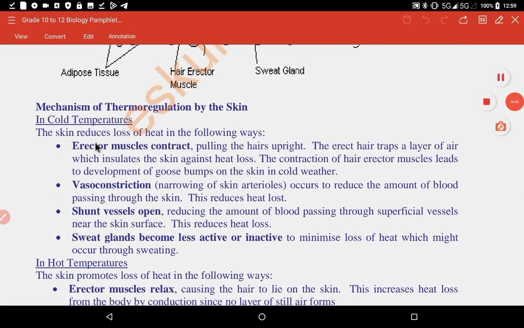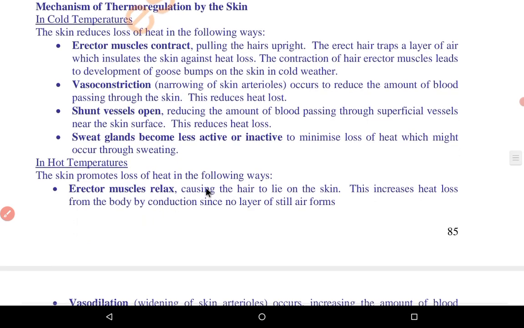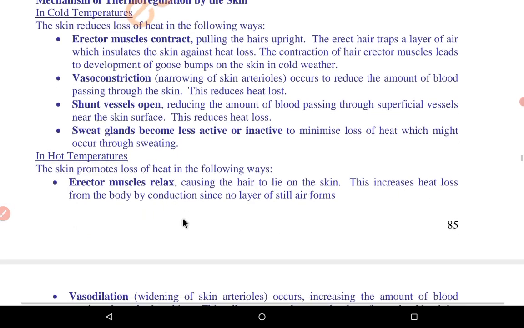So your hair was like this, it will just go down like this. The erector muscle is contracted here, but here we're going to say that it relaxes, causing the hair to lie on the skin. This will increase heat loss.